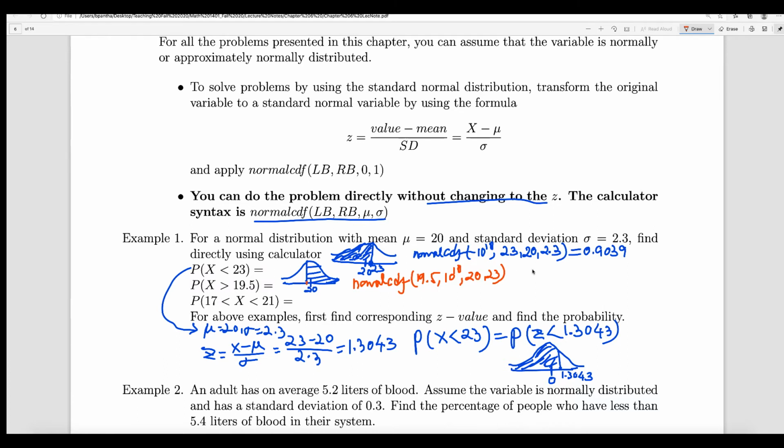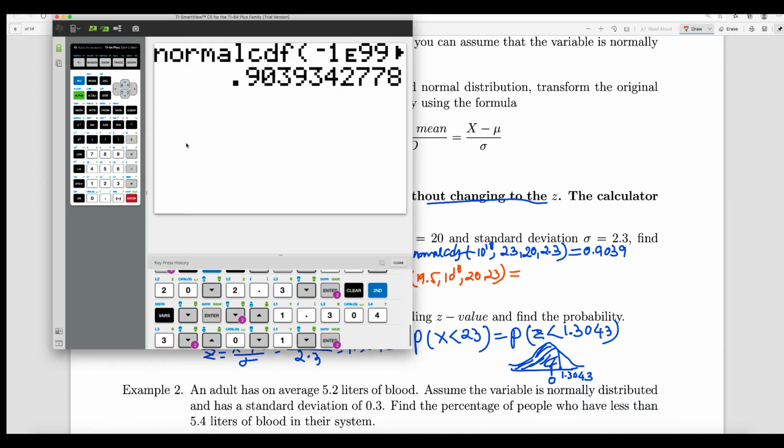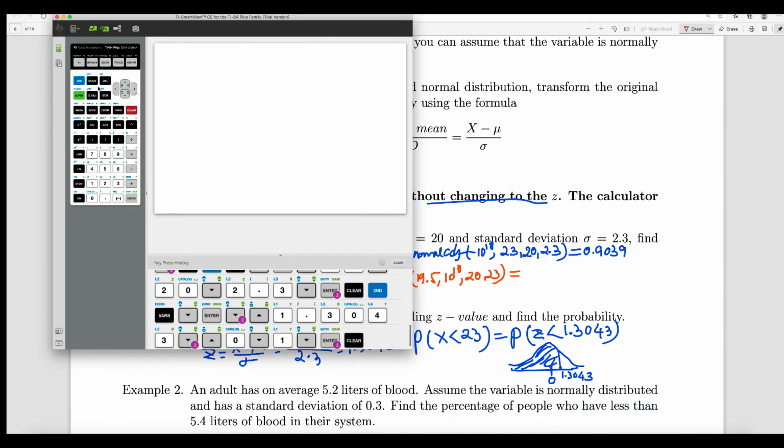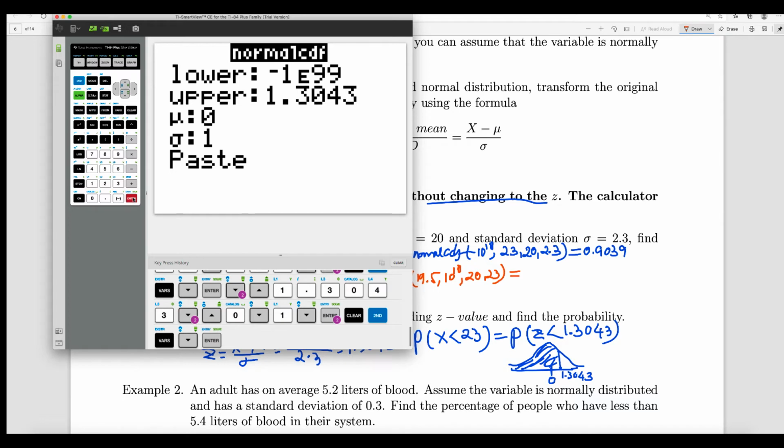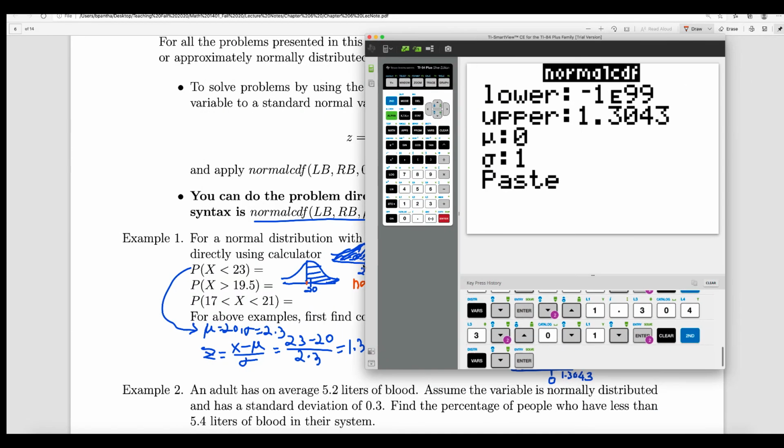Let me clear that, second verse, then normal CDF, hit enter. What is the left bound for the second problem? It is 19.5, because you want to find the area right of 19.5. The right bound you can take as 10 to the 10, a very big number.